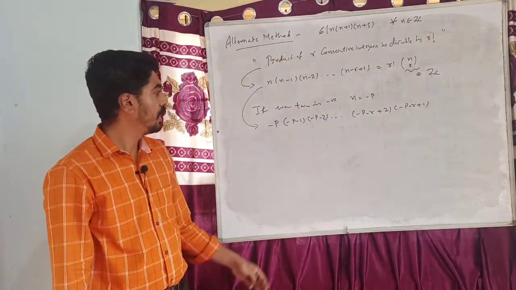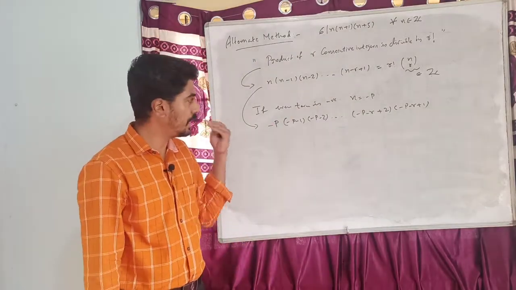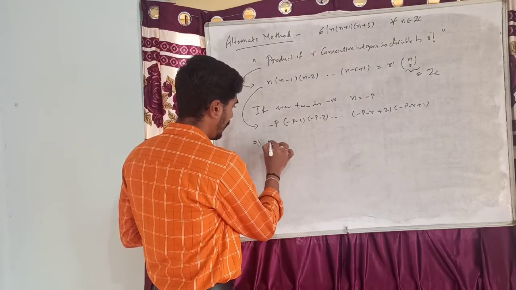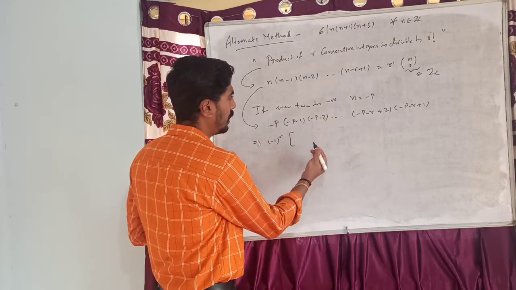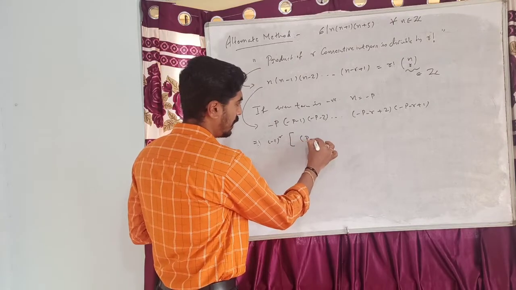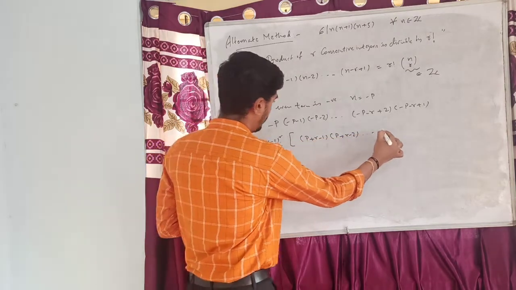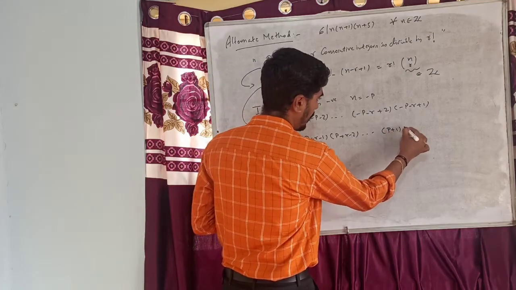If I take minus 1 as common in each term, I get minus 1 power r into p plus r minus 1, p plus r minus 2 and so on, p plus 1 into p.